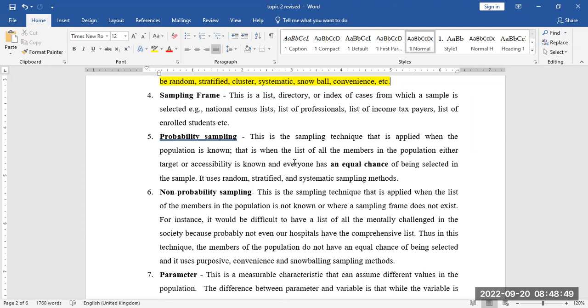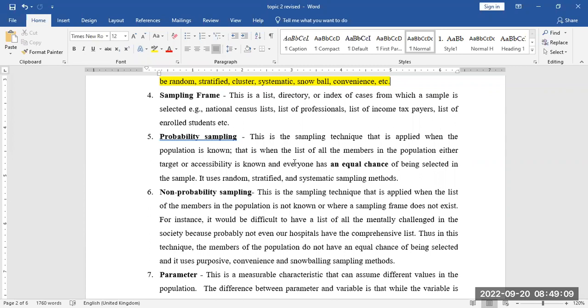If you go to the voters register, we just concluded our election, you will find names of people, their ID numbers, their age, and so on. That becomes the sampling frame.